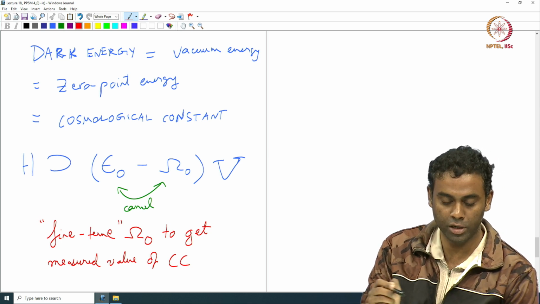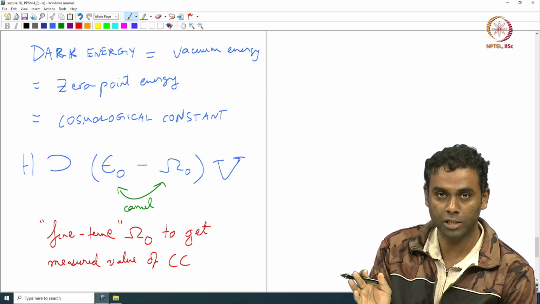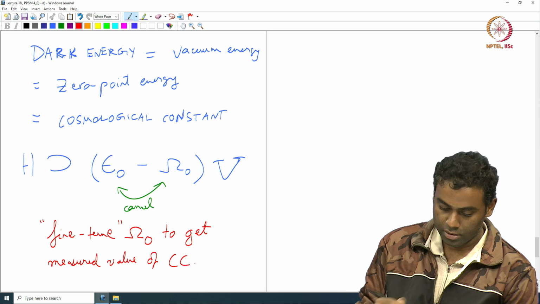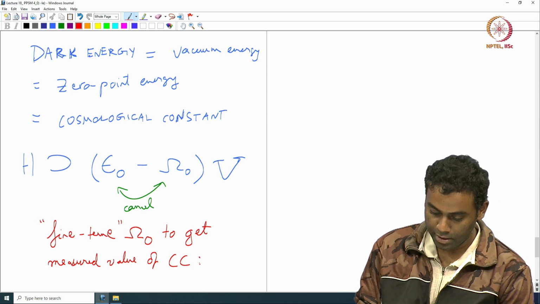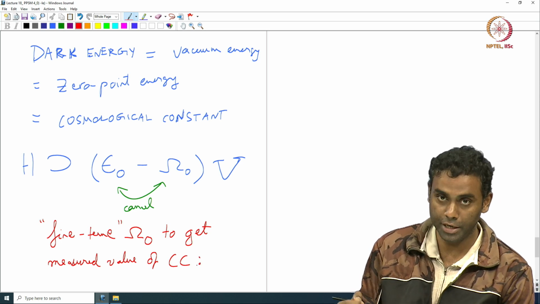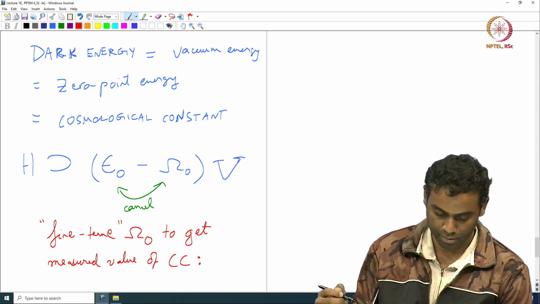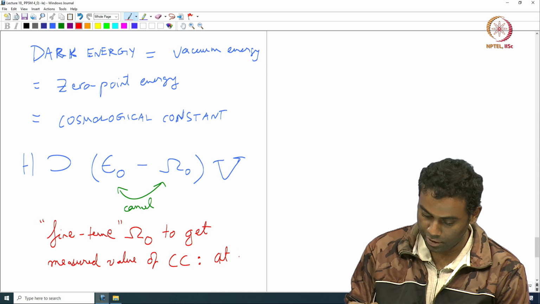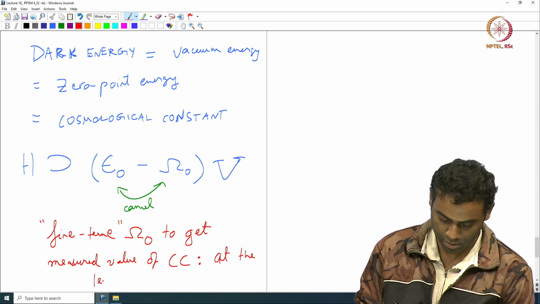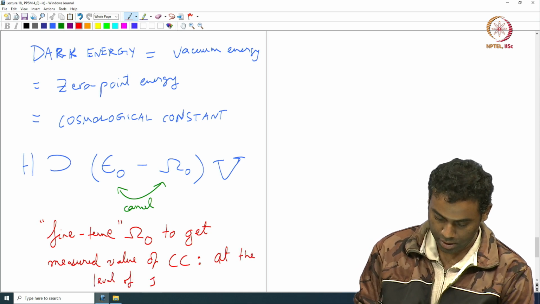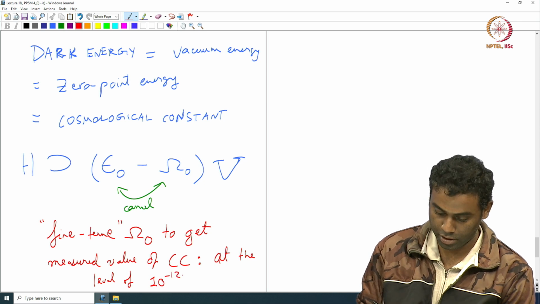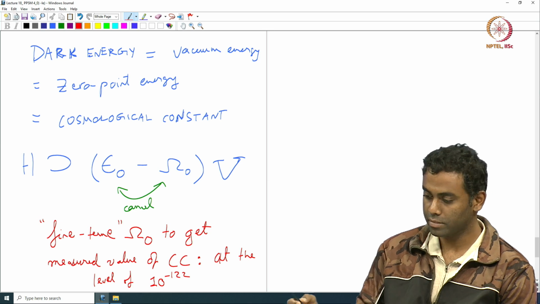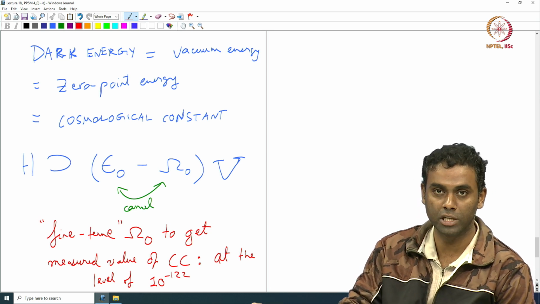Dark energy, vacuum energy, 0 point energy, cosmological constant, they are all interchangeable as far as our course is concerned. Okay. So let me just for completeness write, we are asking that this be fine tuned at the level of 10 power minus 122. It just means you want a fine tuning, you want a cancellation of 122 decimal places.